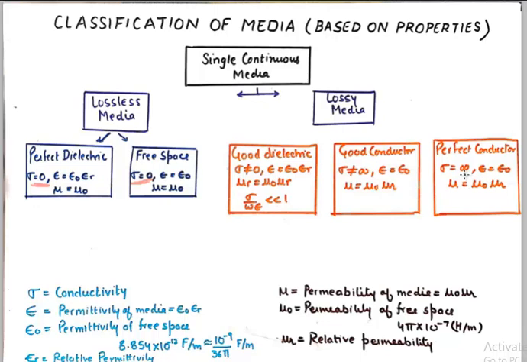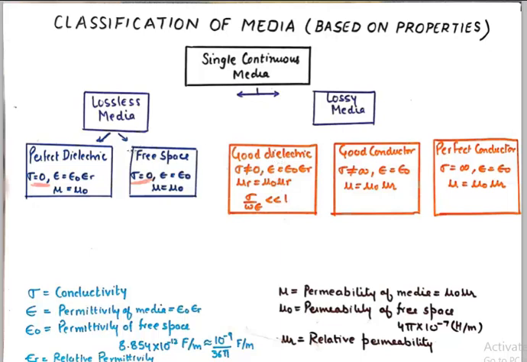That is why it is known as lossy media. So the first key point is the division of lossless and lossy media based upon conductivity. Lossless media is the one where sigma is 0 and lossy media is the one where sigma is non-zero. For good dielectric, which is close to perfect dielectric or free space, sigma will be non-zero, but it will have a small finite value that will cause some loss.